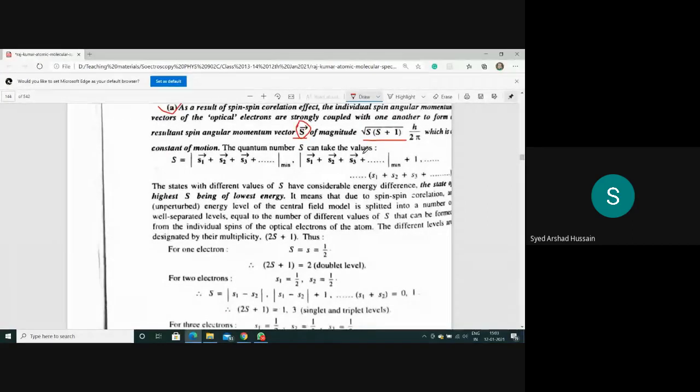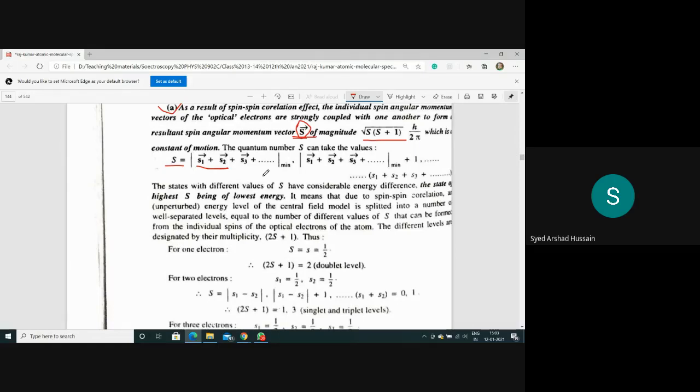And the quantum number capital S can have values S is equal to S1 plus S2 plus S3, dot dot, down to a minimum. That means if you have two systems, say S1 and S2, then your capital S will be S1 plus S2, then S1 plus S2 minus 1, then S1 plus S2 minus 2, down to S1 minus S2.